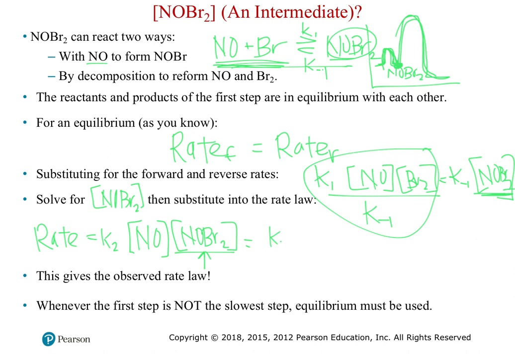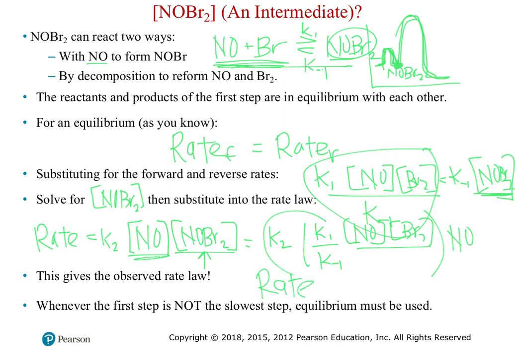So we'll get K2 times K1 over K negative 1 times NO times Br2, multiplied by this original NO here. It simplifies: we're just going to simplify all of these K's into one K. We have these two nitrogen monoxide concentrations, so that gets squared, times bromine. Notice this is what we got for the observed rate law.